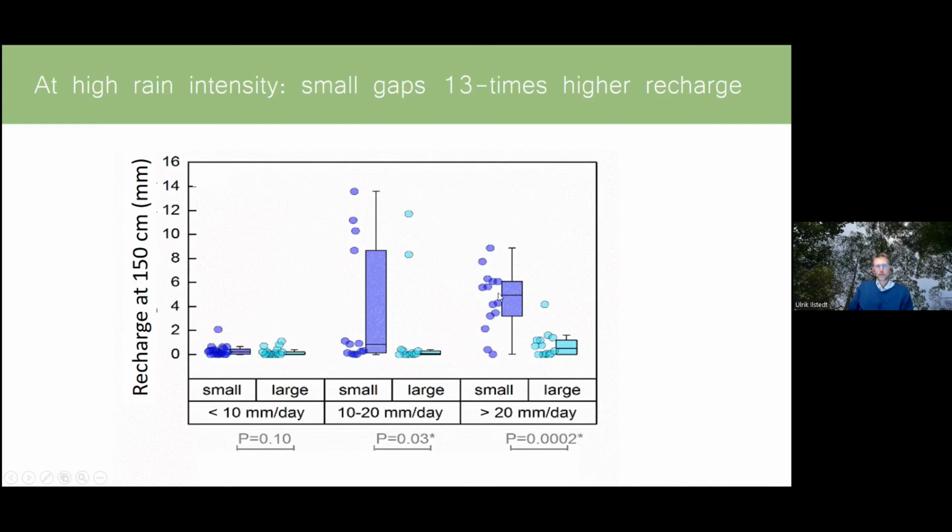And interestingly, the small gaps, around 10, 15 meters between trees, have an enormous amount more water coming down into the deep soil than the treeless, larger gaps, 30, 40 meters from any tree. So it's more than 10 times the amount of water coming in the small gaps.